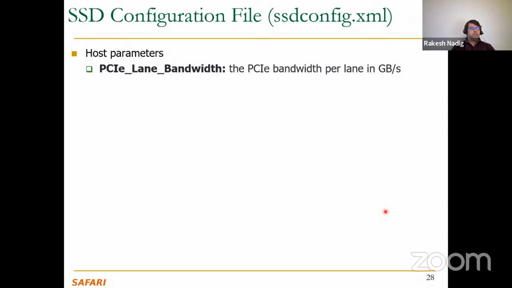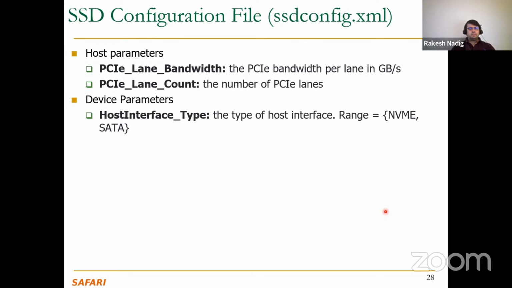We can define the PCIe lane bandwidth, which is the external IO bandwidth of each lane between the device and the host, and we can define this in terms of gigabytes per second. Then we have the lane count. Usually PCIe Gen 4 has around 4 lanes, so we can define the number of lanes through which the data is moved from the device to the host.